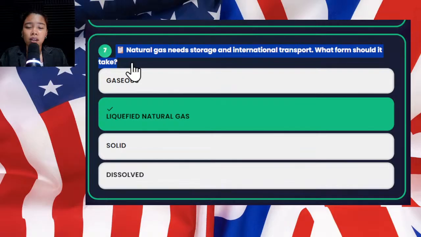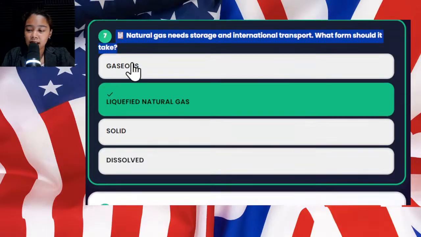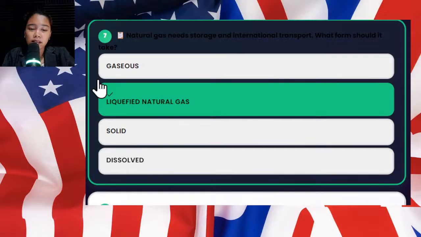Remember, LNG is very cooled down gas, around negative 162 degrees Celsius, or negative 260 degrees Fahrenheit, which is very, very cold. The natural gas is cooled down so that it is much easier to transport, because it will turn into a liquid. That is liquefied natural gas.